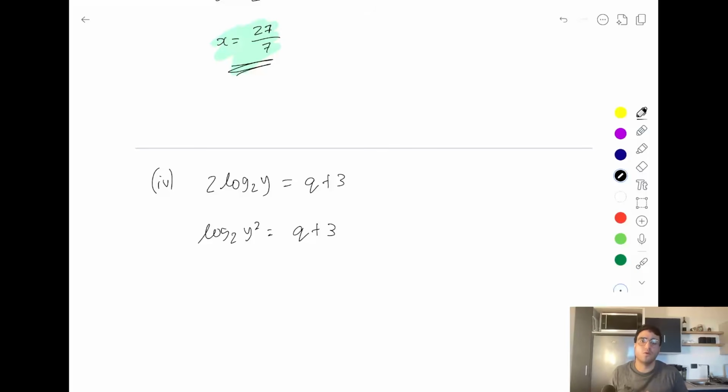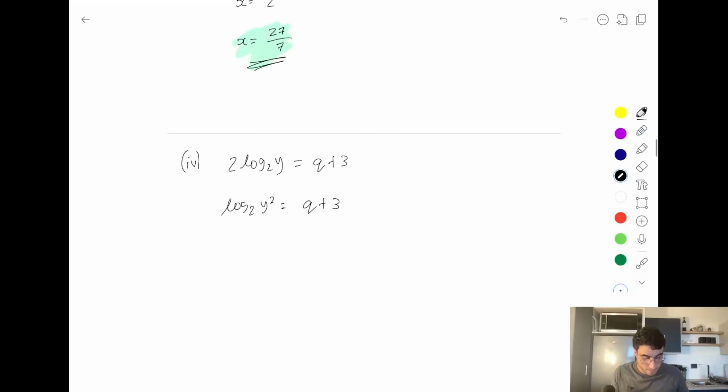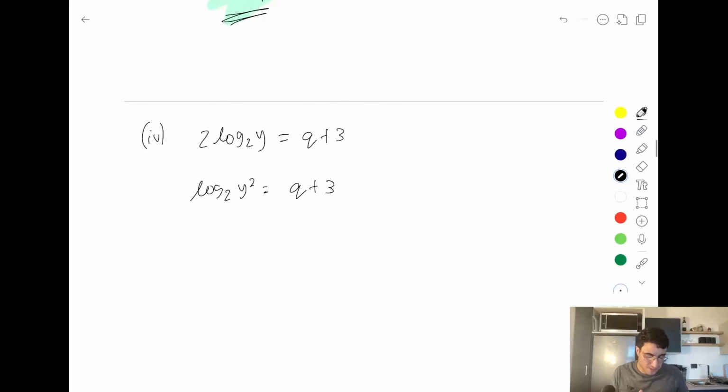Now, what we have is 2 variables, or so we think, okay? Because what I'm going to do now is I'm going to say, look, we got a log here. I don't like that log here. So I'm going to raise it to something that's going to get rid of that log and give me y squared. And what is that something? That something is going to be 2.